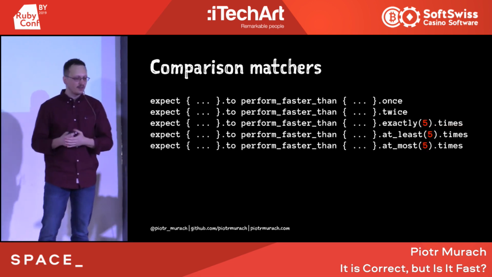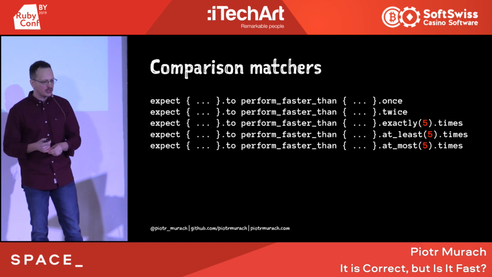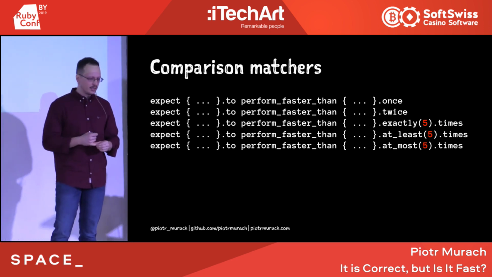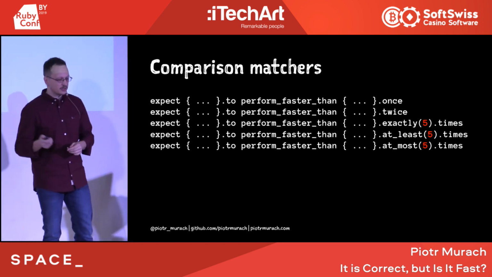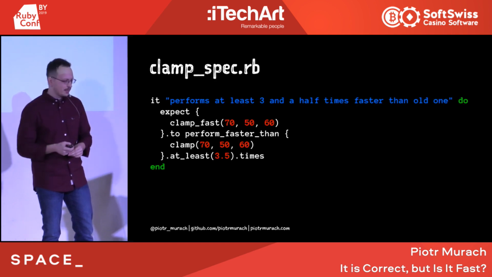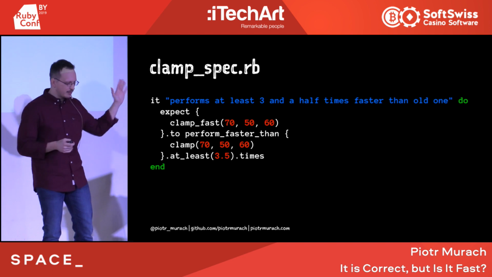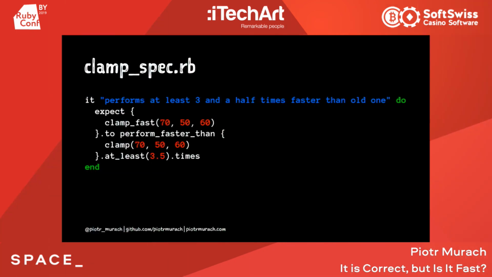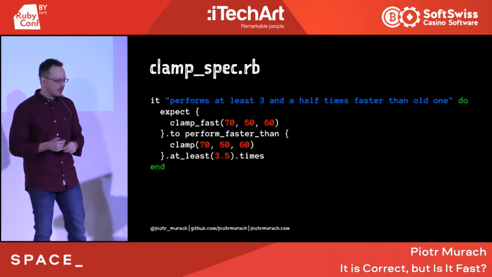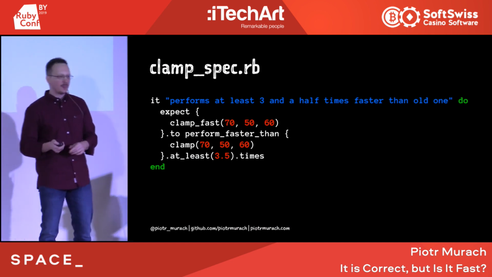And you can also quantify how much faster something is by using once, twice, exactly, at least, and at most matchers. This should be familiar to anyone who codes in RSpec. So to remove all the pain of coming up with how many times this method is faster, we can write this assertion, which asserts that the new implementation is 3.5 times faster than the old one on the latest Ruby.